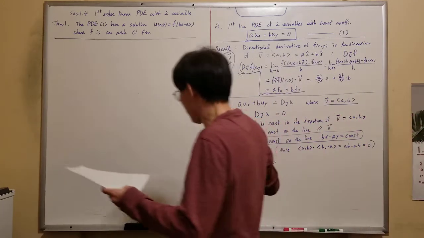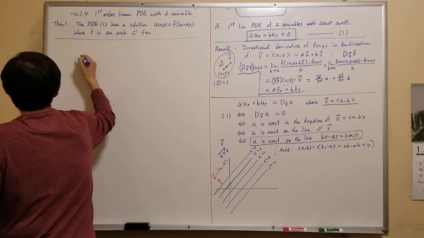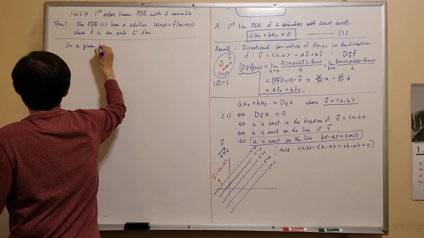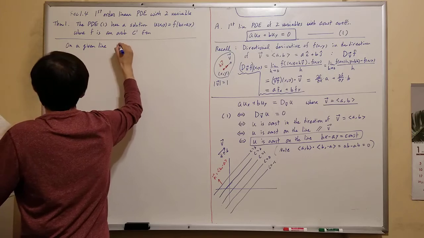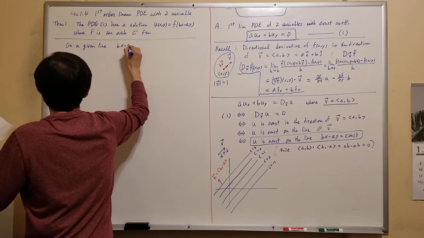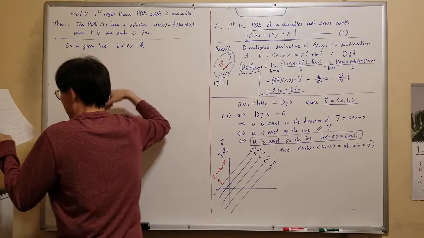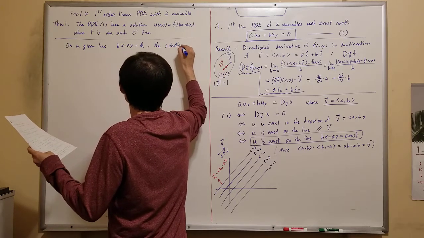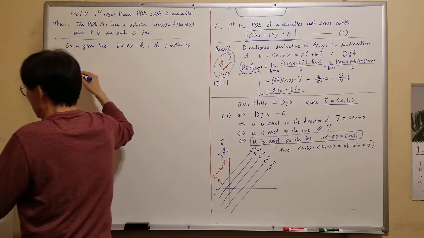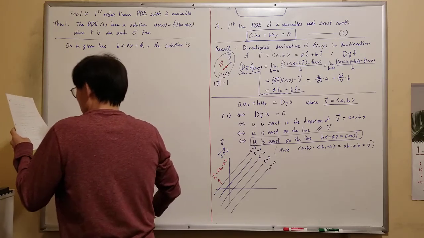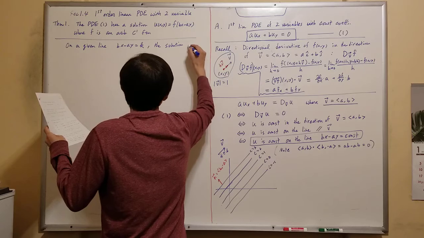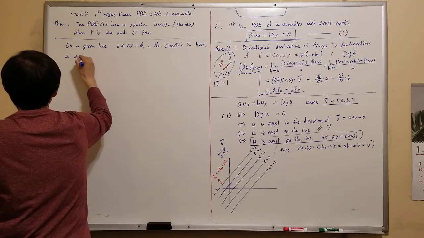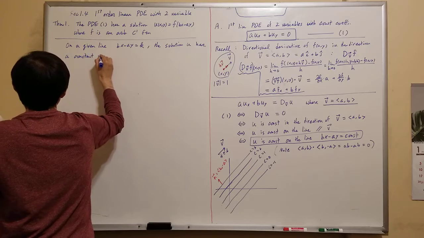So here, what we found was that on a given line, bx minus ay equals k, the solution u has a constant value.